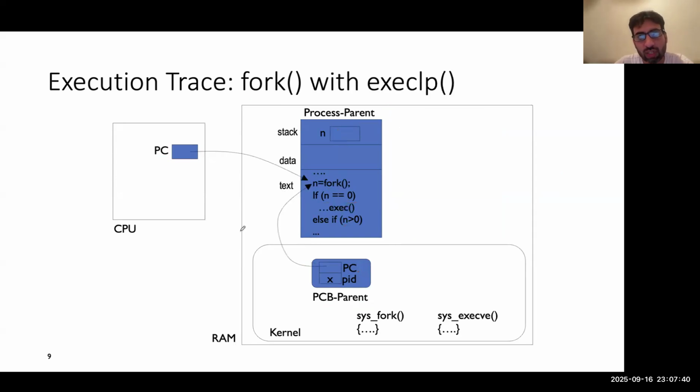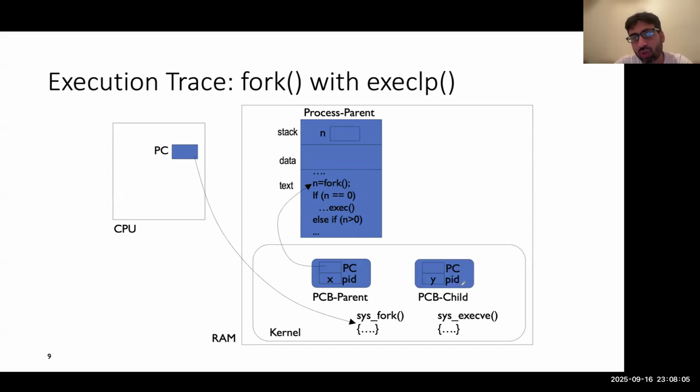Again, we are starting from the same point. We have a single parent process. Initially, we have the process control block of the parent in the kernel address space, and the program counter is pointing to n is equal to fork. When fork is executed, the program counter moves into the address space of the kernel, from where the system call is executed.